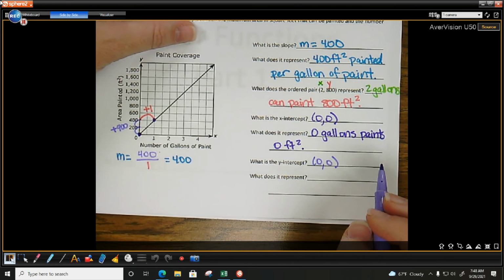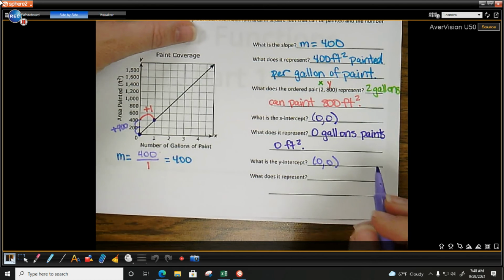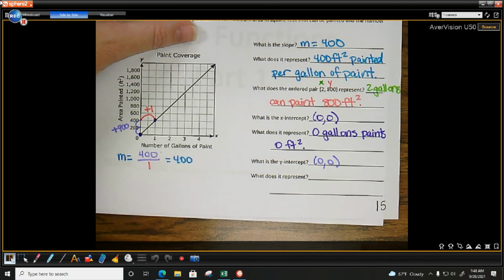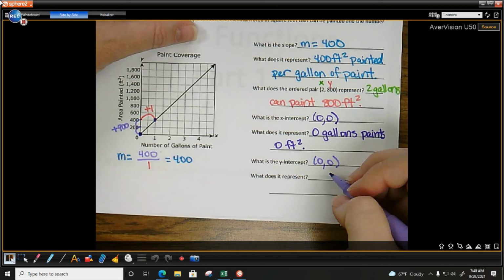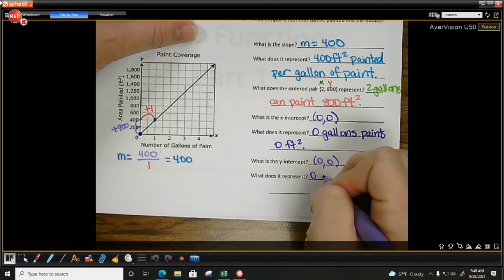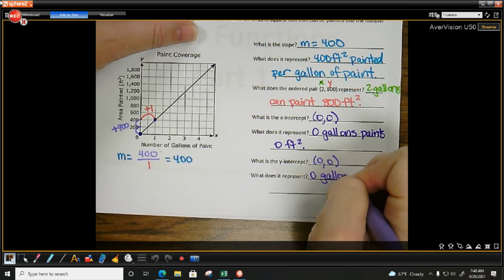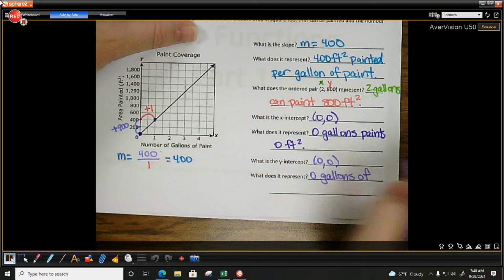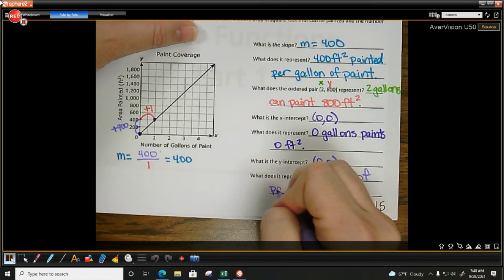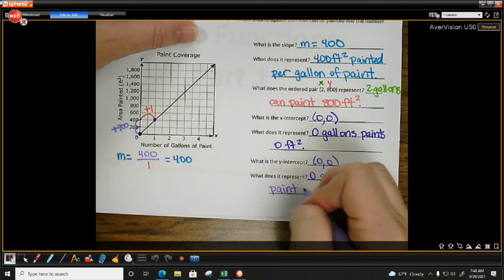Okay, that's the point that's on both axes. So again, what does the ordered pair 0, 0 mean? We already wrote it once. 0 gallons of paint paints 0 square feet.